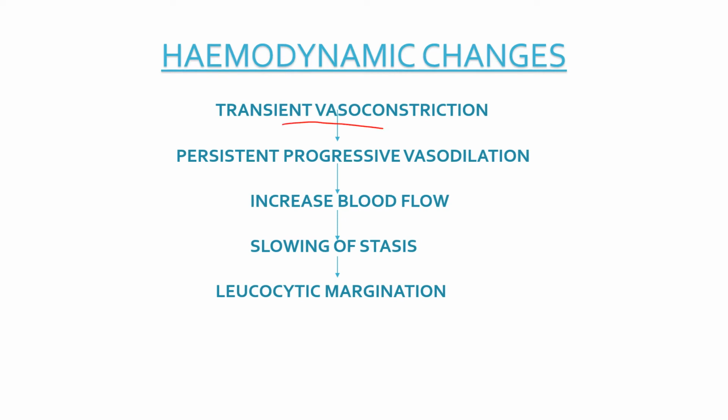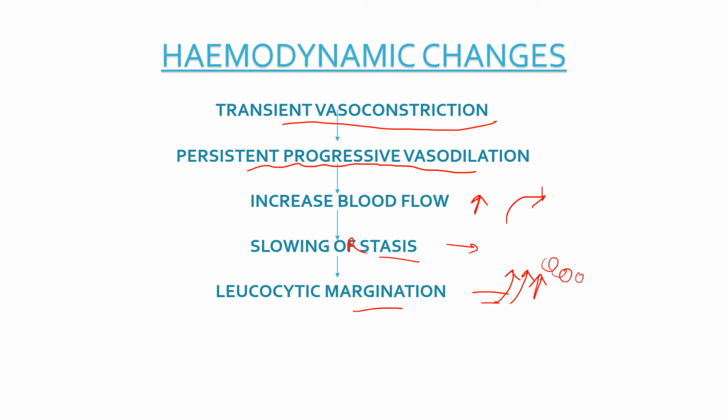First it was transient vasoconstriction, then persistent progressive vasodilation, increased blood flow due to which the hydrostatic pressure also increased with outflow, then slowing or stasis, which increases the blood viscosity, and thus the leukocytes first gather at the margin and then later move to the part where the inflamed cells are present. Thus this defines our hemodynamic changes.